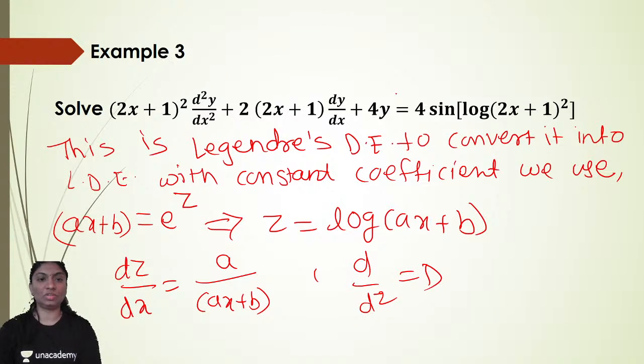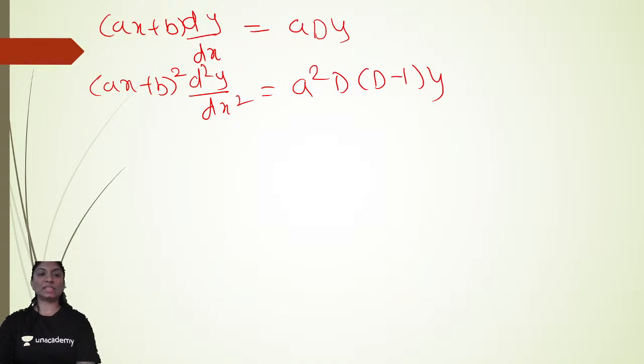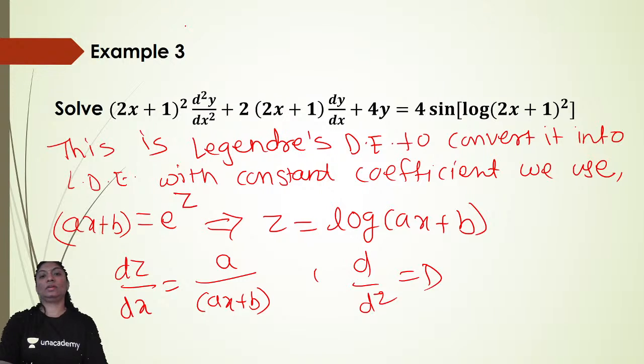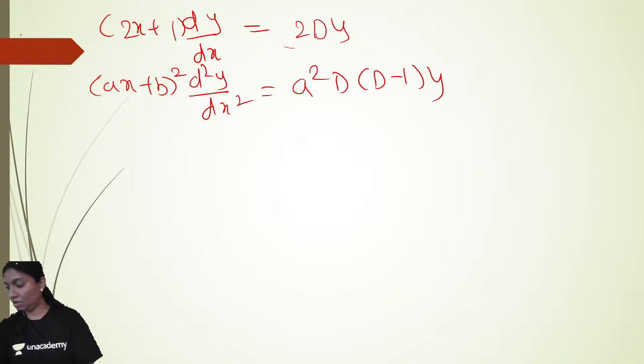First, (ax plus b) dy by dx is equal to a into D of y. At most here the order of the differential equation is 2. Now in this case, a is equal to 2, so 2 into Dy.